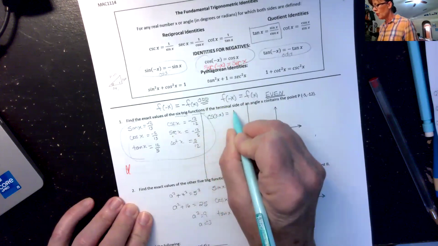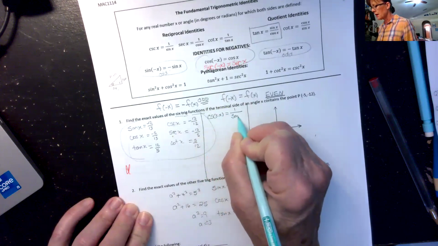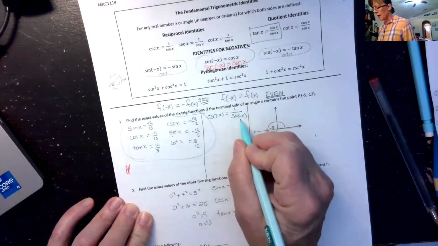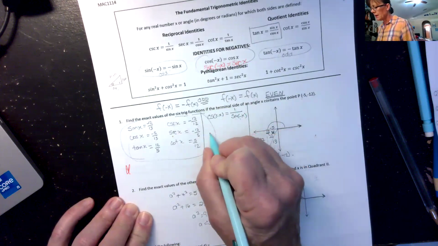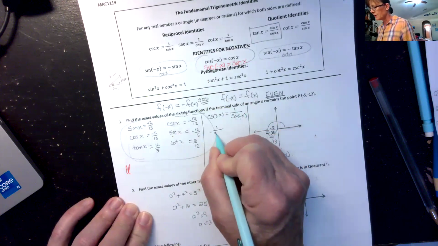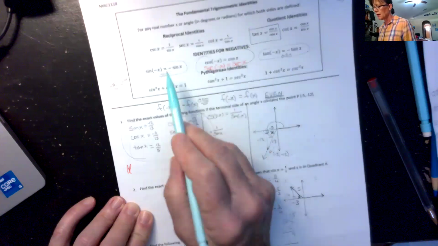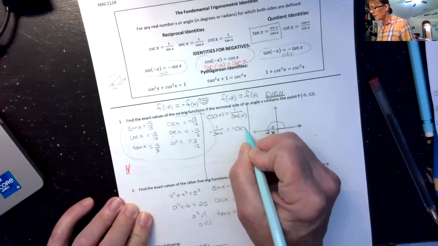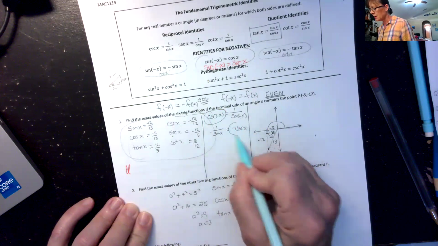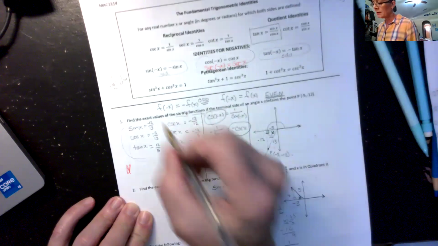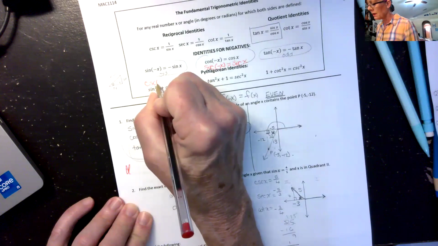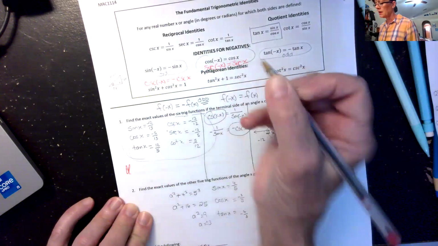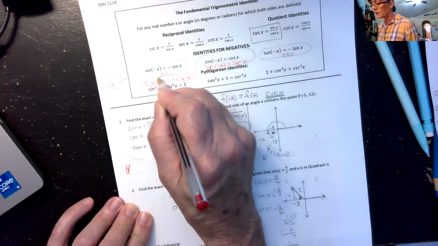That's equal to 1 over the sine of negative x. But 1 over the sine of negative x is equal to 1 over negative the sine of x, according to this. And so that's equal to negative cosecant of x. So we've just developed another identity, which says that the cosecant of negative x is equal to the negative cosecant of x. So this is also an odd function.